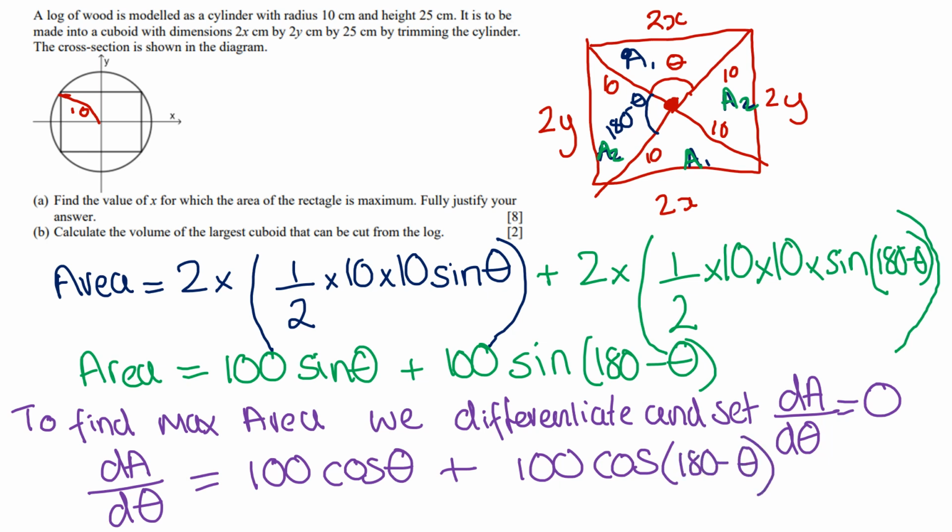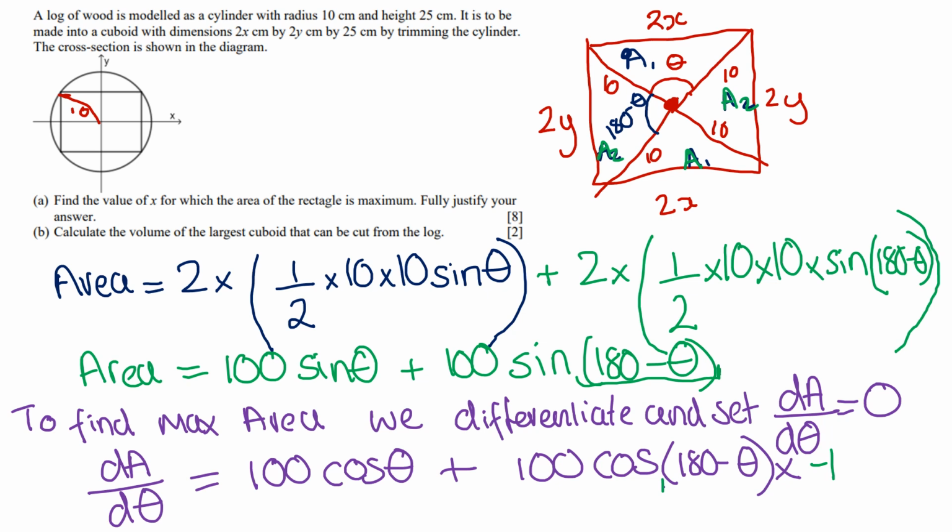But you might know the rule when you're differentiating that, we also have to multiply by the differential of what we've got in the bracket. The differential of that bit is minus 1 because it's a minus theta, so we times by minus 1. So we're going to set this equal to 0.